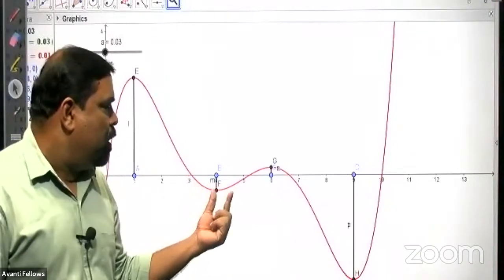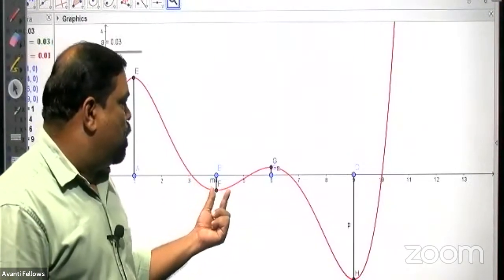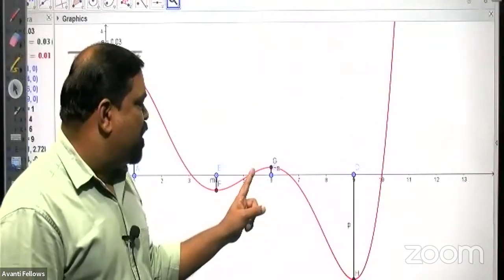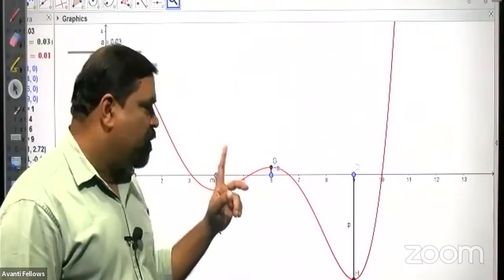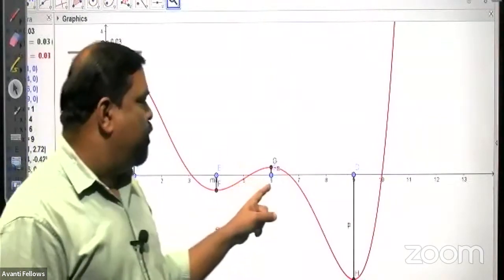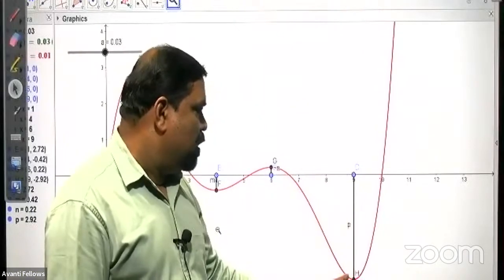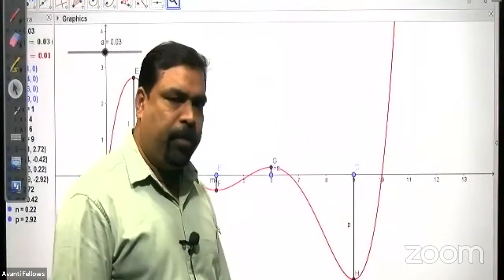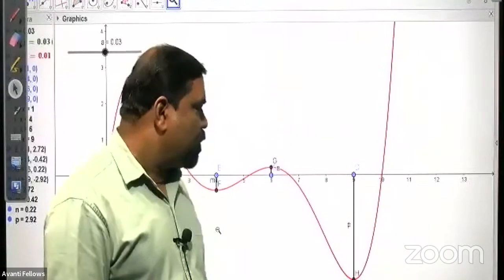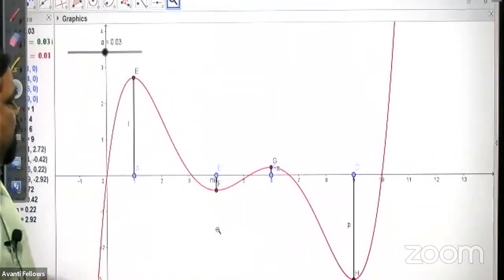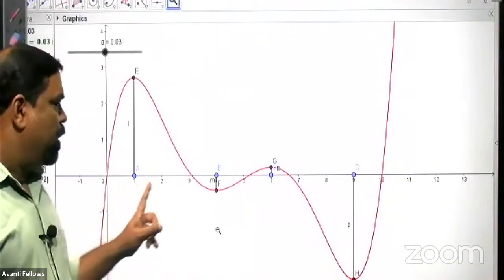Again, if you move forward at the point C, this function again attains a maximum. And again if we move forward at the point D, we can see that the function attains a minimum.